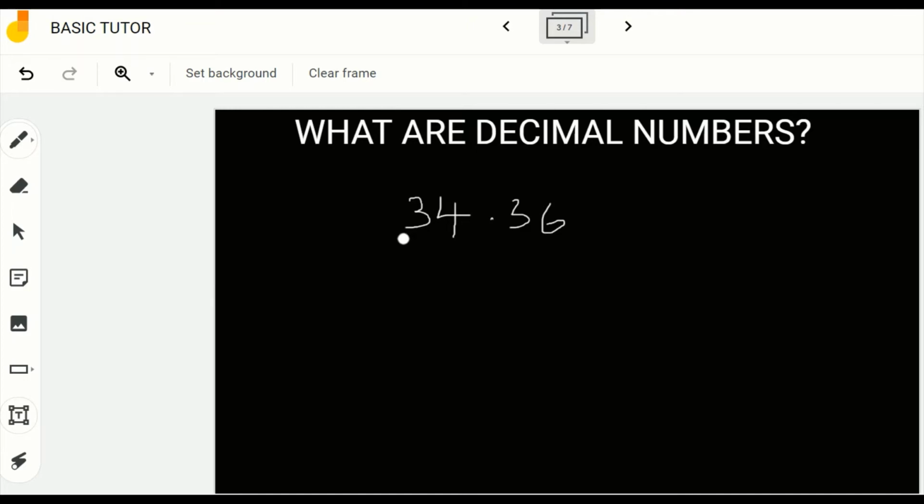Now, the first digits or the digits before the decimal point are called the whole numbers. These are the whole number, while the digits after the decimal point are called the fractional parts.